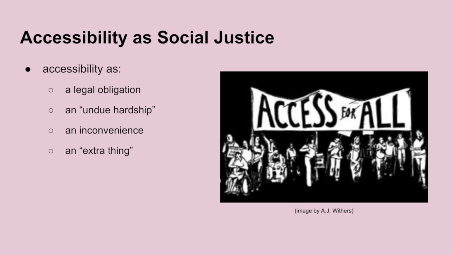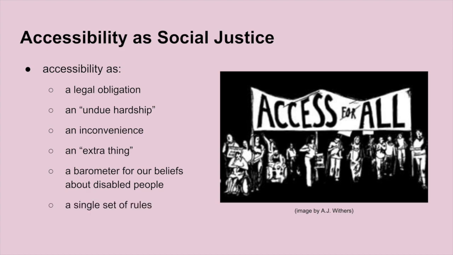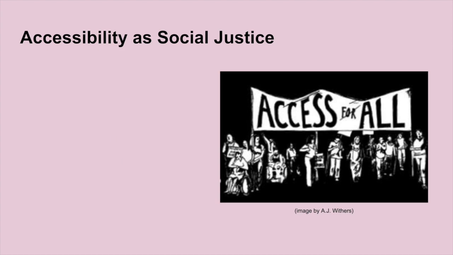The ADA is obviously helpful, but if we're only meeting accessibility standards because we legally have to, that informs our beliefs about disabled people, how they should be treated, and what they deserve. And we start to view accessibility as one single set of rules. This is where the differences between the disability rights movement and the disability justice movement become clear.